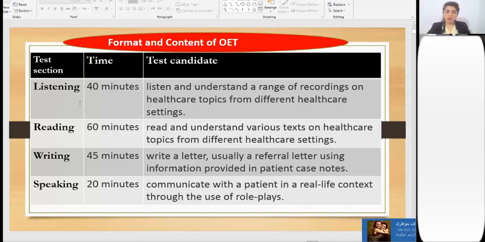Okay, so for the listening part, we have 40 minutes. We will listen and understand a range of recordings on healthcare topics from different healthcare settings.